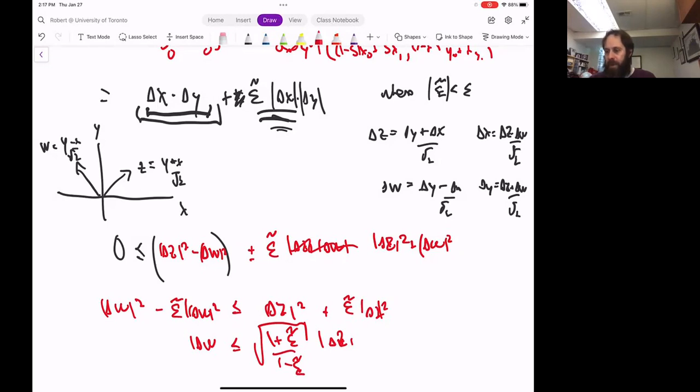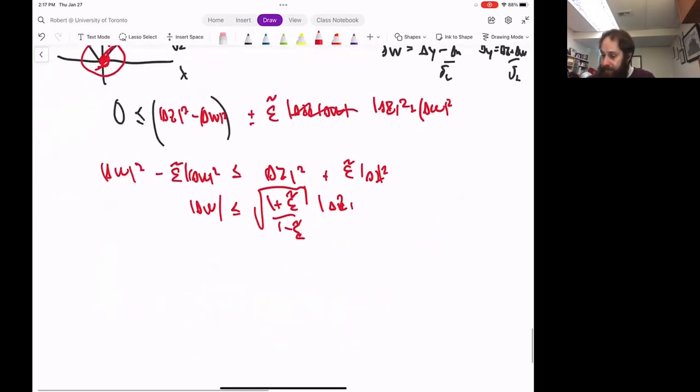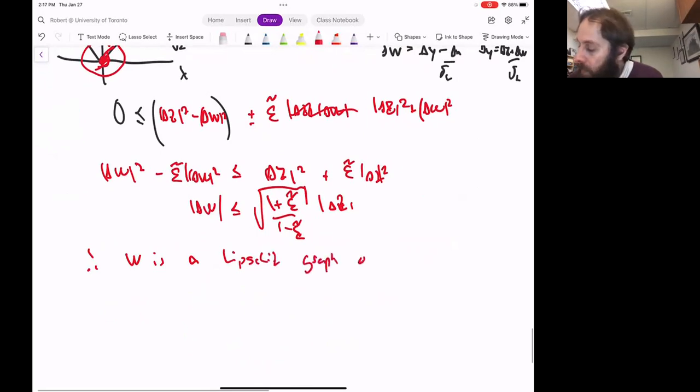Okay, so that somehow tells us that in a small neighborhood around this point I have a submanifold where I can write W as a graph over Z. And Z here is in Rn and W is also in Rn.